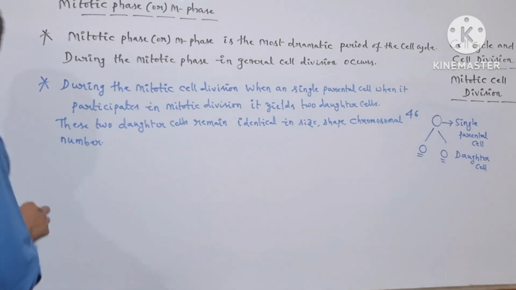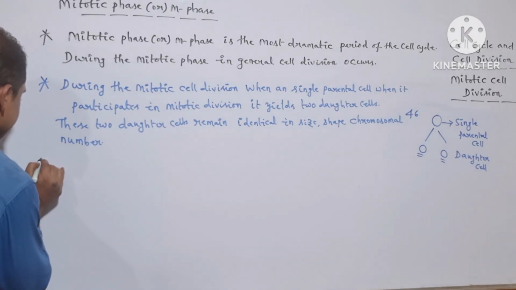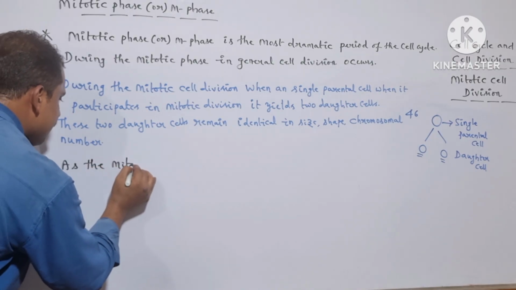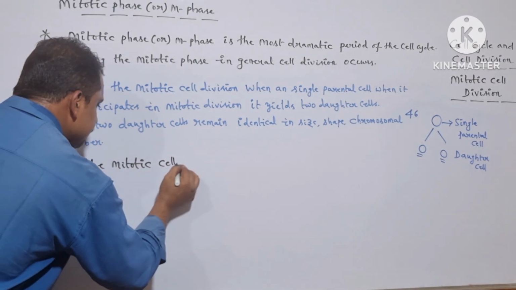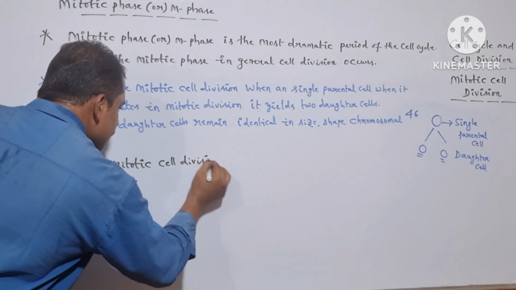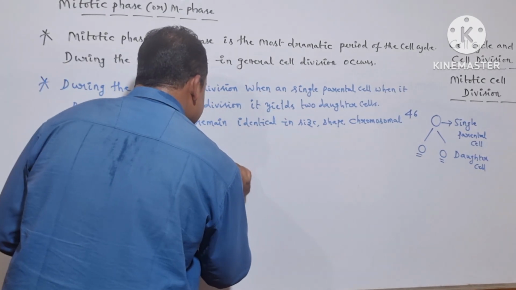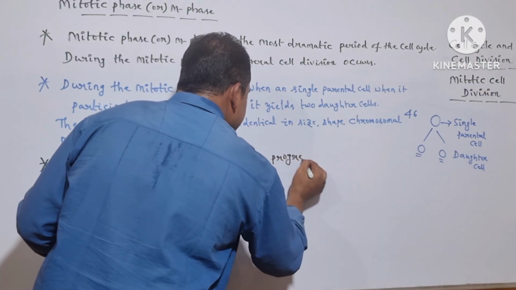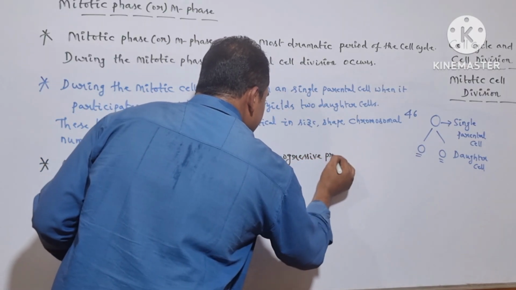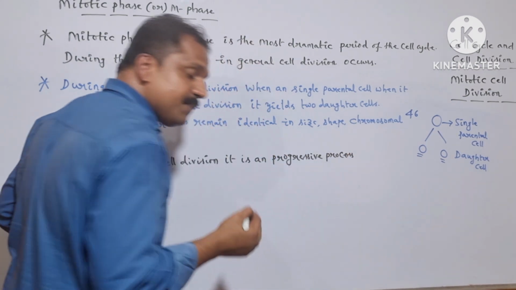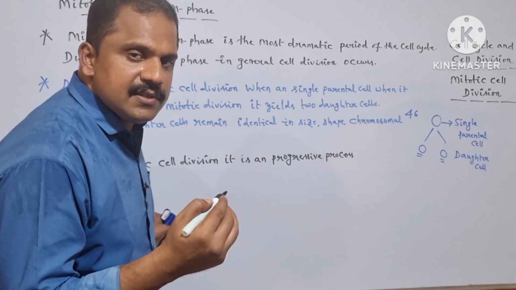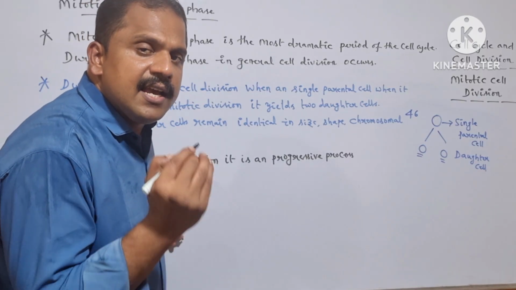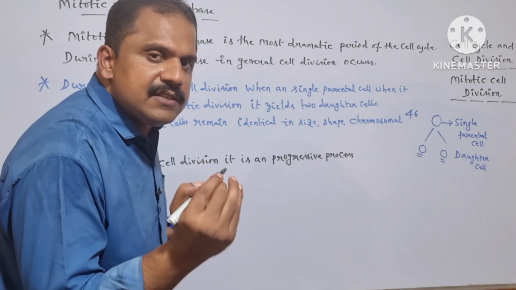So let me write it on the board. As mitotic cell division is a progressive process, right? That means mitotic cell division successfully proceeds from one particular phase to another phase. So that is why we cannot underline the accurate imaginary lines of mitotic cell division.